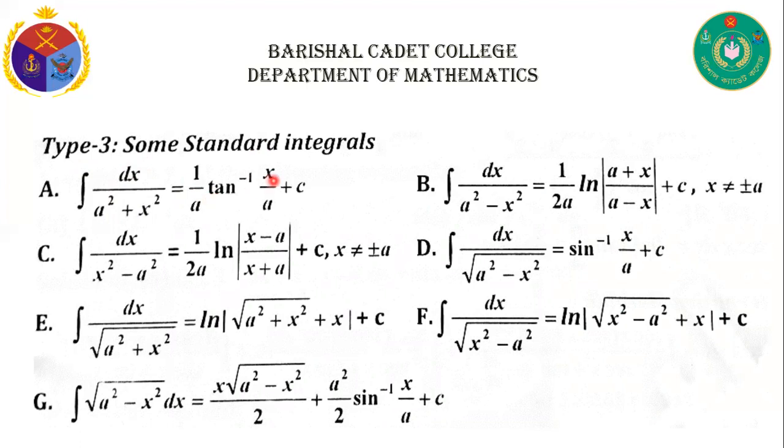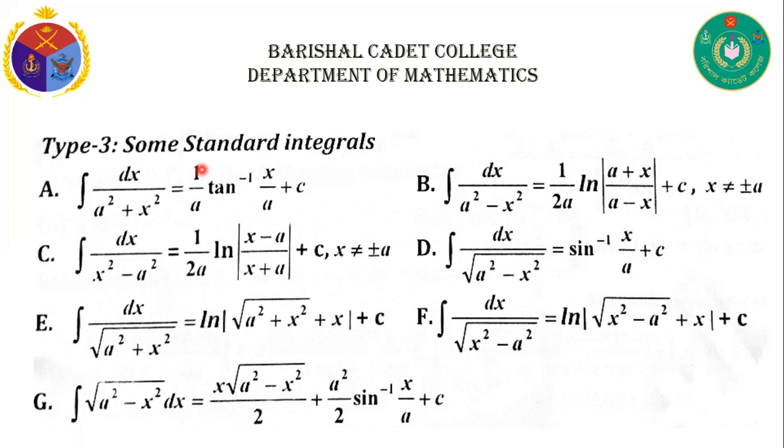We know that if a is 1, then we get tan inverse x. So our actual formula was dx by 1 plus x square, and this formula was tan inverse x. So here is a new formula.